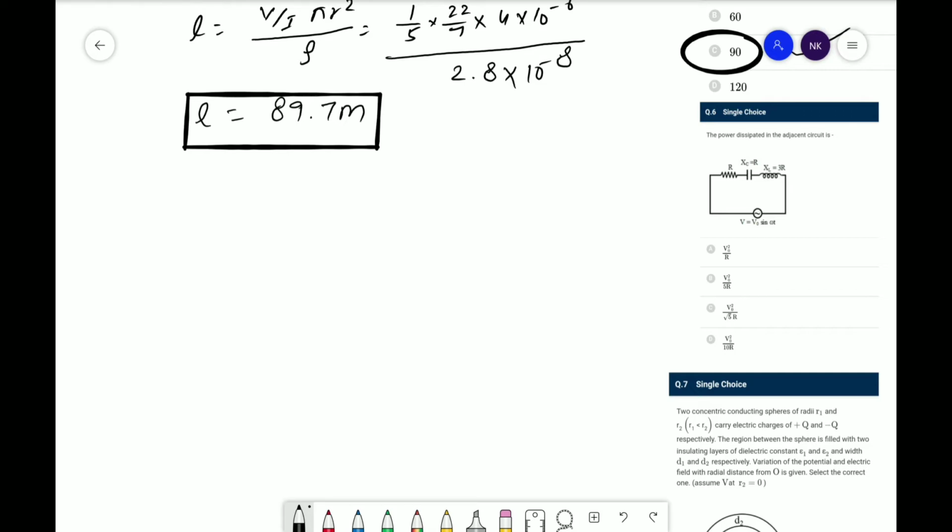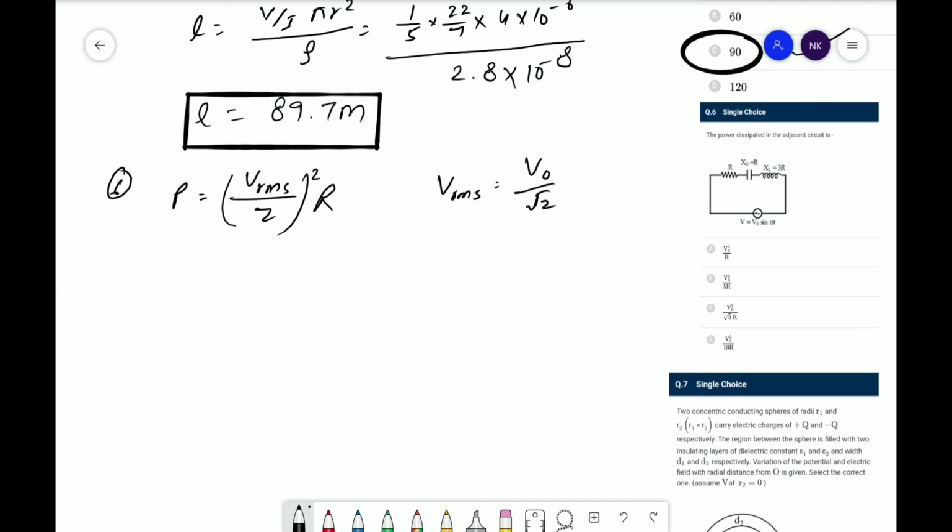So the average power can be defined as Vrms divided by Z square and multiplied by R. The value of Vrms will always be equal to V naught upon root 2. This is the condition for the root mean square voltage.